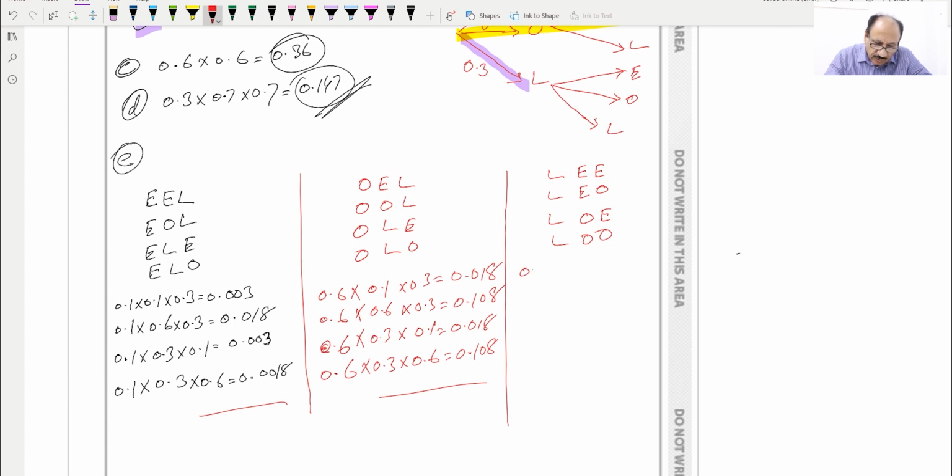Late will be 0.3, so we can write 0.3, 0.3, 0.3, and 0.3. Multiplication for all four. Early will be 0.1, so 0.1, 0.1, and on time will be 0.6, so 0.6 and 0.6.